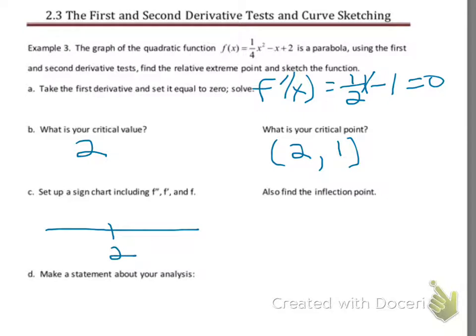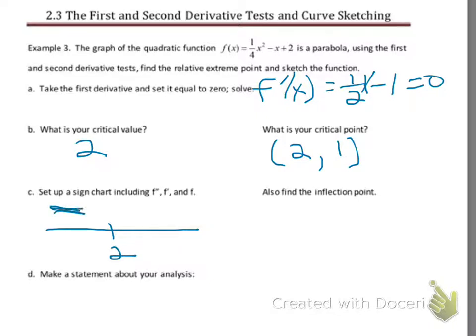I'm going to test to the left of my critical value, and I'm going to plug in, let's say, a 1. So if I plug in a 1 in my slope equation, 1/2 times 1 minus 1 is going to end up being a negative number. So 1/2 minus 1 is negative 1/2. So this is negative.